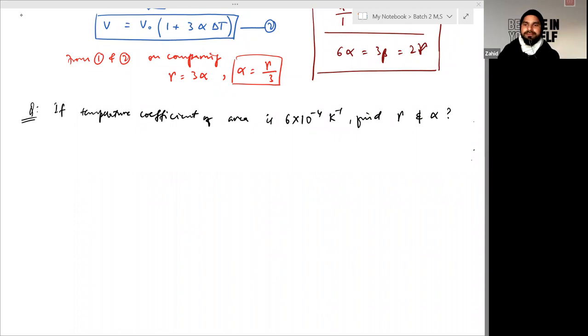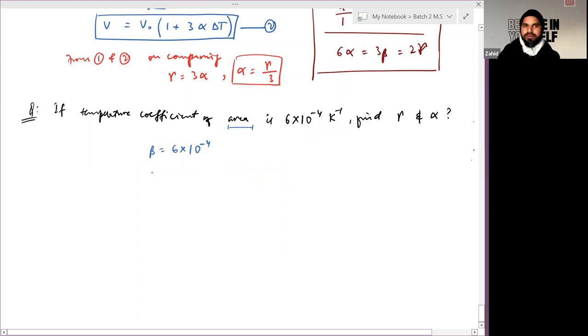Good, Samira. Since we have in this part coefficient of areal expansion, that is beta, so we have beta equals 6 into 10 to the power minus 4.